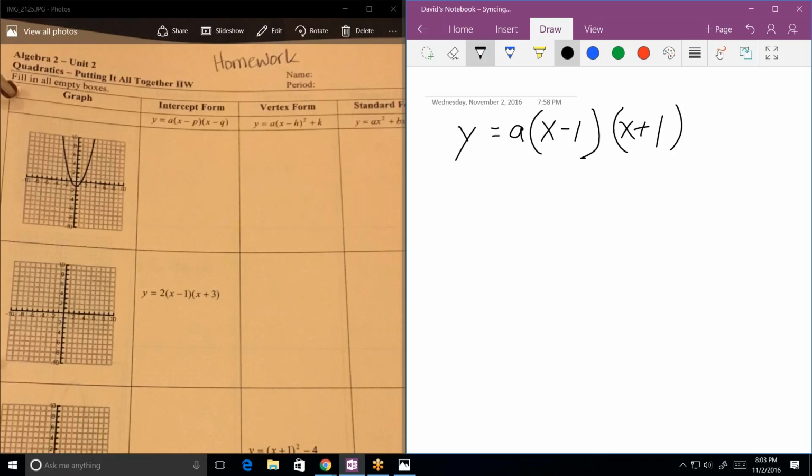But what if we pick an x of 2? What is y when x is 2? You have to read it off the graph that you have in front of you.